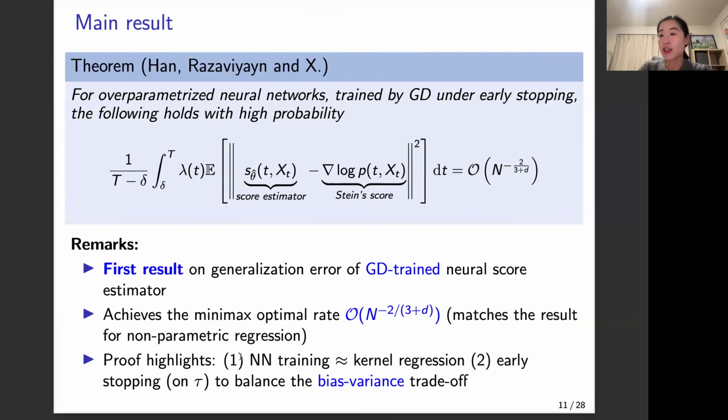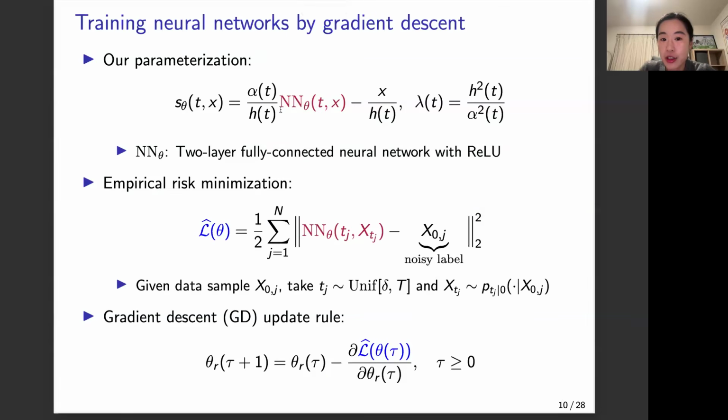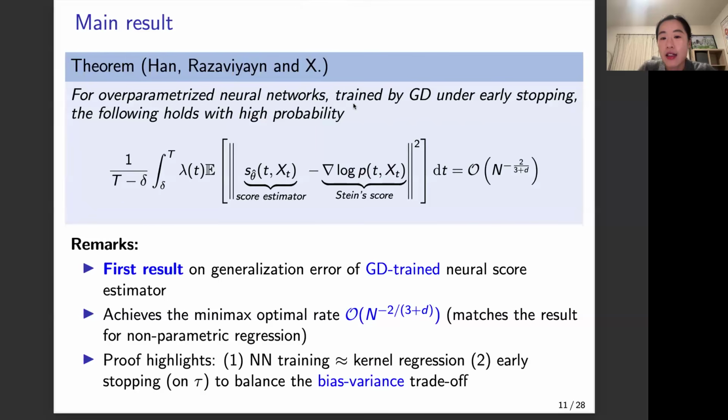What we can show in the 2024 paper is that if we are in the over-parameterization regime, in the sense that this two-layer neural network is sufficiently wide, then if we train the neural network by gradient descent and consider a certain type of early stopping, then with high probability, the approximated score function is close enough to the true Stein score function, and the error in terms of the dependence on the sample size is on this order.